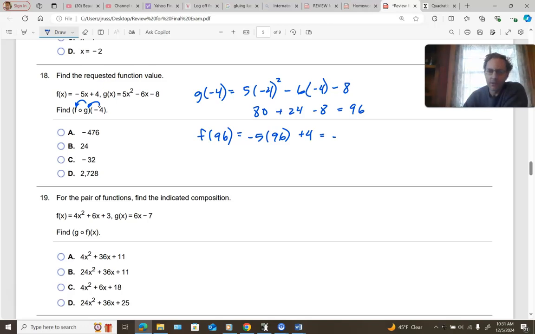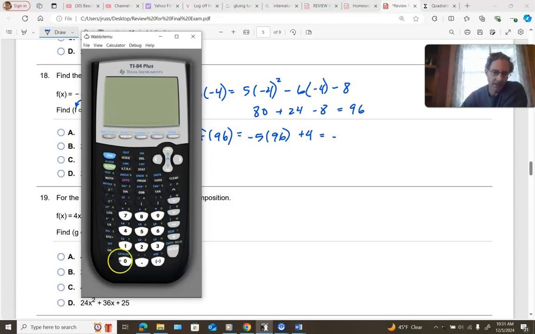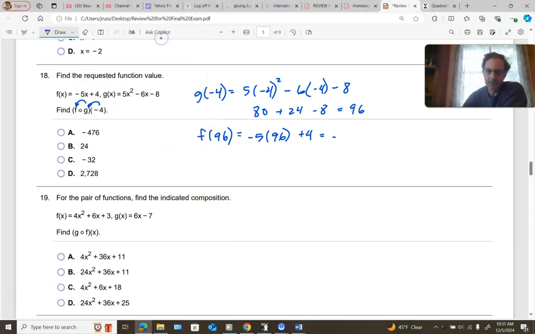Well, let's just use the calculator. I think it's A, guys. Five times 96. Okay, that would be -480, and then plus 4 would be 476. So I knew it was close to that value.